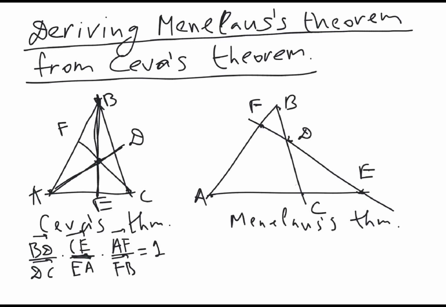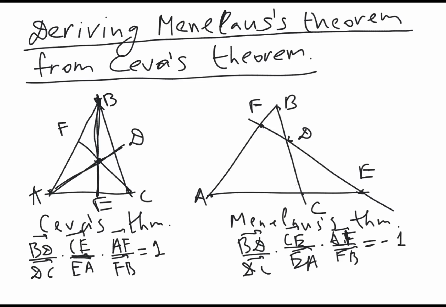And in the Menelaus case, the product of the same ratio, so the same left-hand side, is equal to -1 instead of 1. So this is equal to -1.